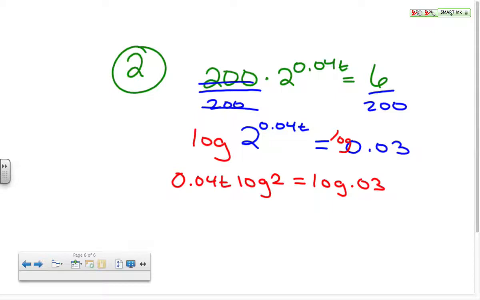All right, now I need to get the t alone. So I can actually divide by 2 things at the same time. I can divide by the 0.04 and I can divide by the log 2. This is all going to happen at the same time on the other side of the equal sign. So it's dividing by 0.04 log 2.